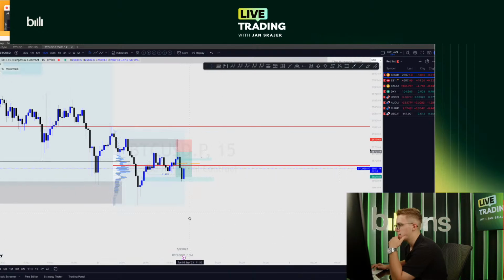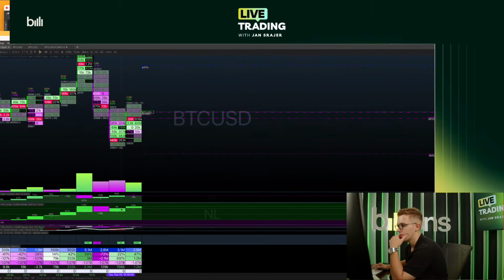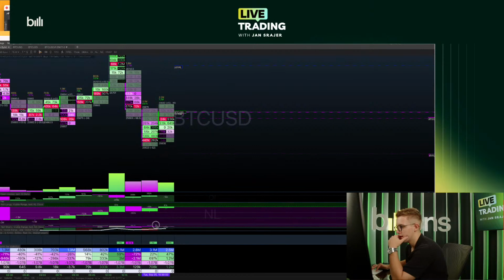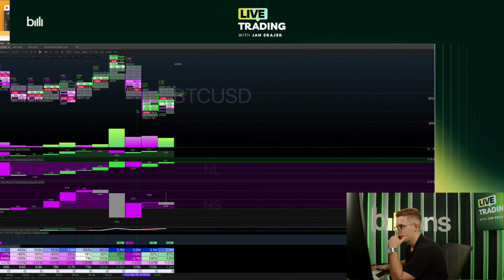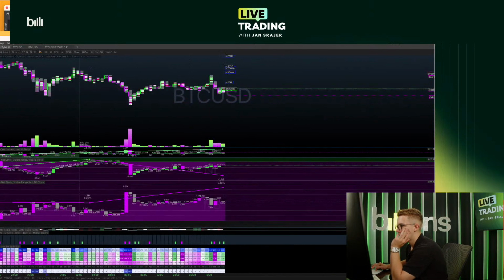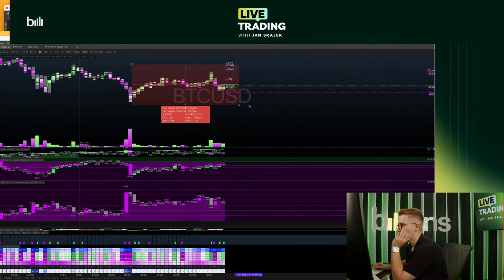Look at BTC. BTC is getting pretty nice reaction from this level. But do I want to be entering? Not really. The absorption is not really here, guys. Well, this candle, but no, it's not perfect. The open interest starts to go down, but only on this.